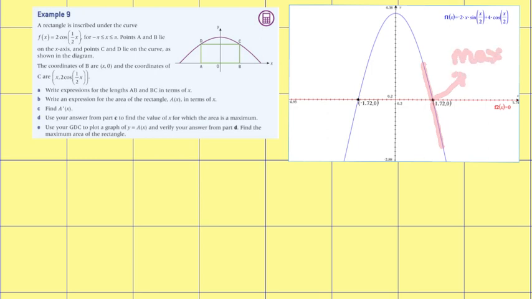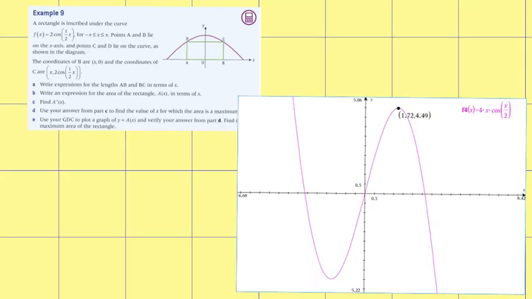So the maximum area occurs when x equals 1.72. Having drawn the graph of A of x equals 4x cos half x and found the maximum, you can clearly see that the maximum occurs when x equals 1.72 and its value is 4.49.